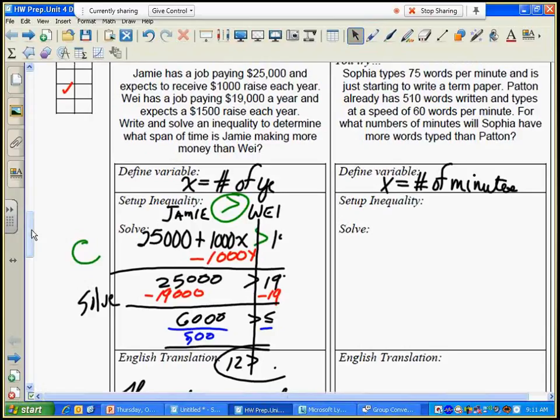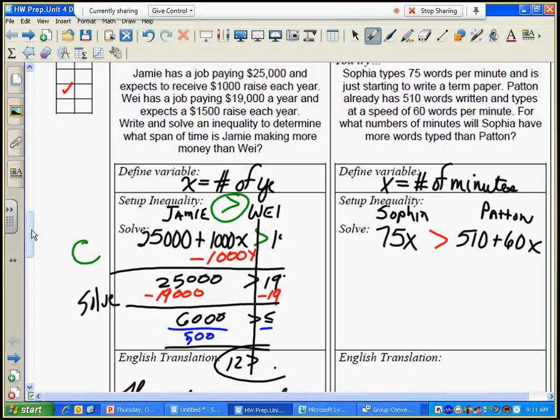Okay, so Sophia here hasn't typed any words yet. So we're just going to say that she types 75 words per minute, so 75 times x. Patton has already typed 510 words, and then she's going to be adding 60 words per minute. Okay, well, they want to know for what numbers of minutes will Sophia have more words typed than Patton. So Sophia needs to be greater than Patton.